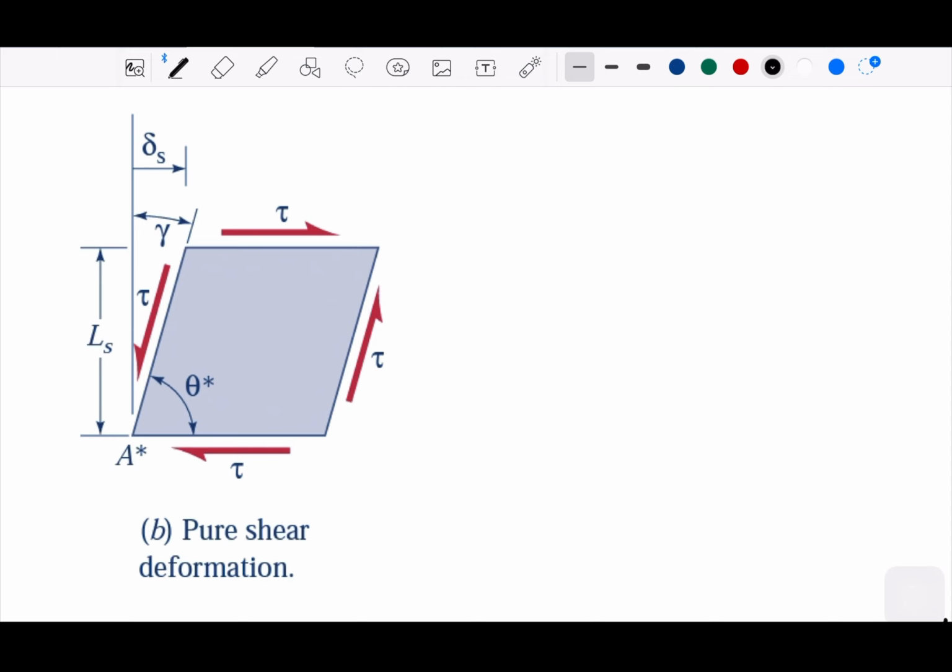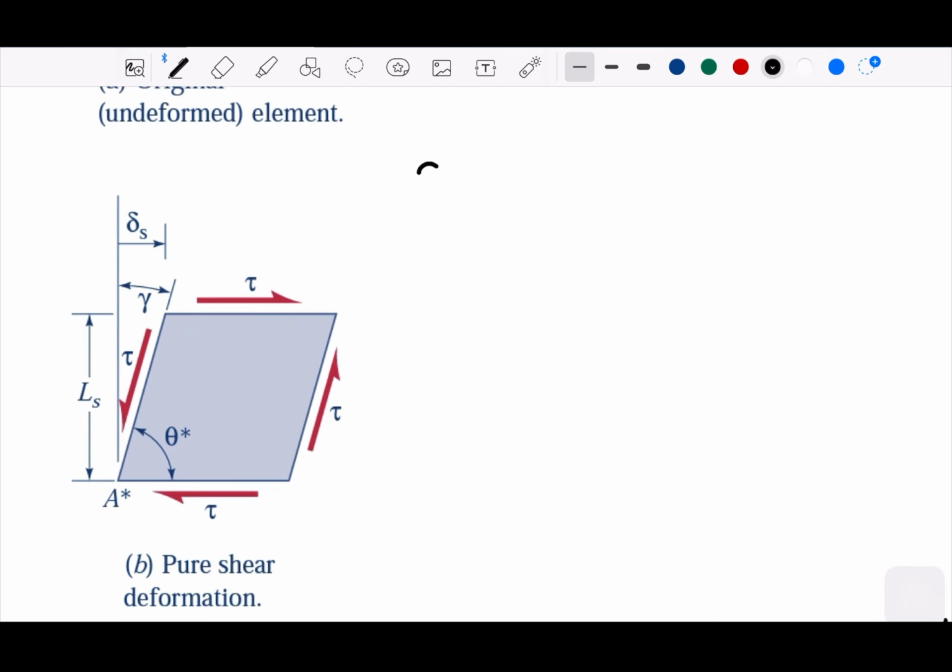Now the shear strain we call with the gamma.